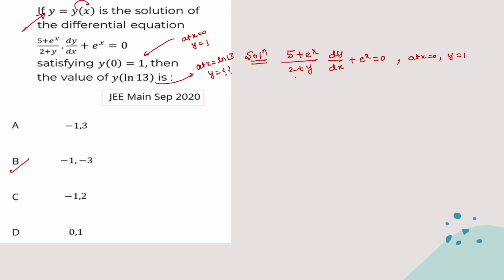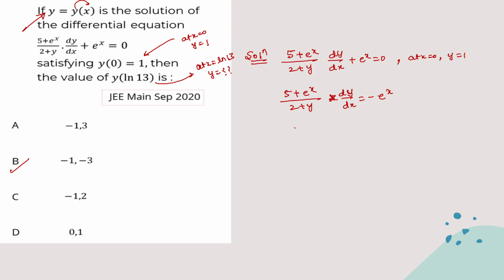Okay. So first of all, we'll try the separation, whether it is possible or not. Take that e^x on the right side. So this will become (5 + e^x)/(2 + y) dy/dx = -e^x. After that, it is clearly visible that it is a direct separation.